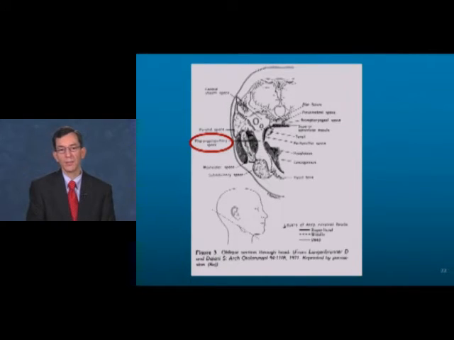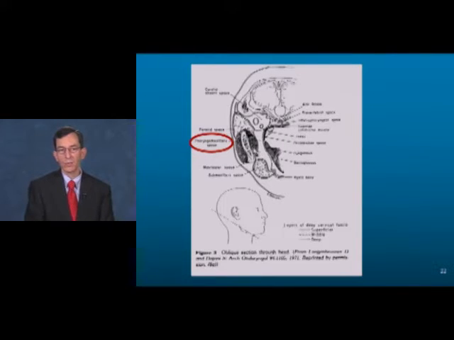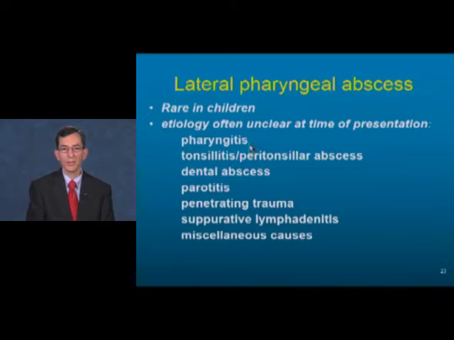And you can see that the posterior aspect of that cone involves the carotid sheath, and that the anterior aspect is abutting the masseter muscles and may produce trismus. So when present, trismus is quite helpful in terms of recognizing these infections and proceeding to appropriate management.